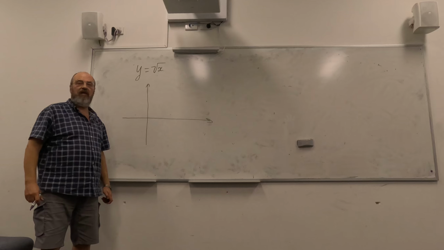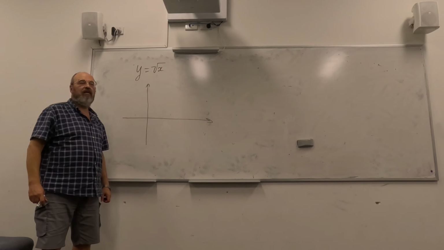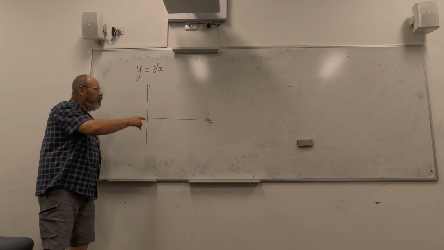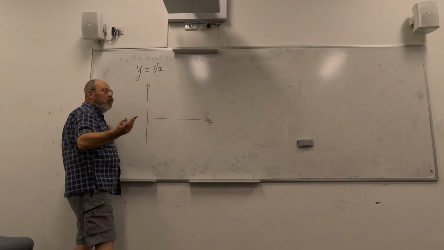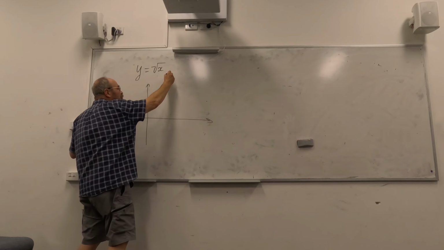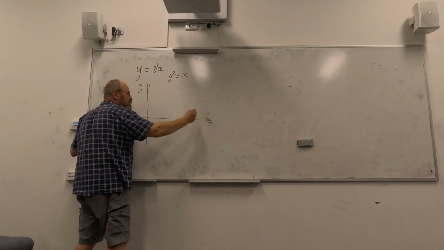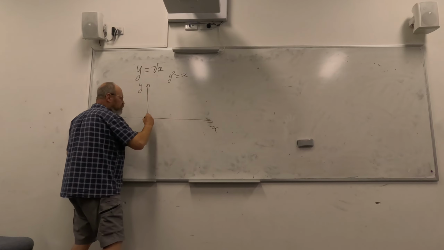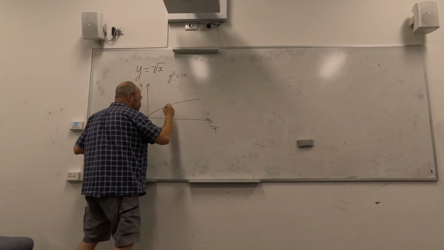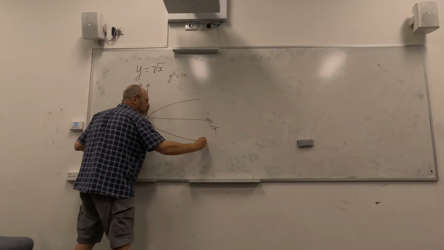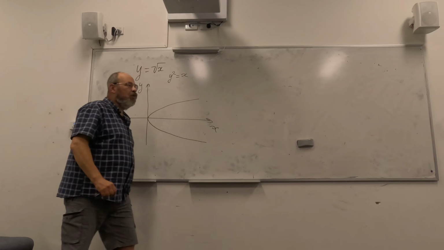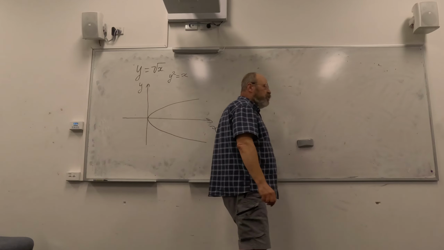This will be the upper part if you sketch first the function that we already did: y squared equals x, the sideways parabola. But when we have a square root of x, we take the square root of both sides.